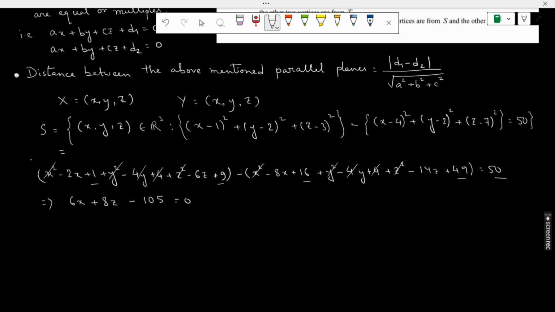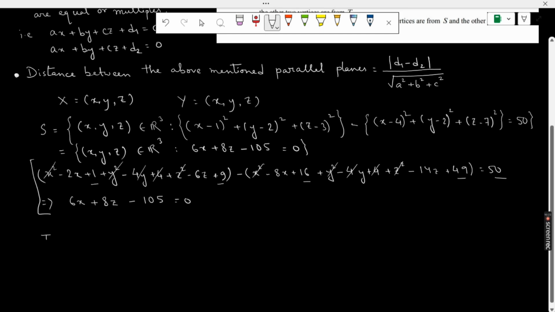So we can write (x, y, z) belongs to R3 such that 6x plus 8z minus 105 equals 0.